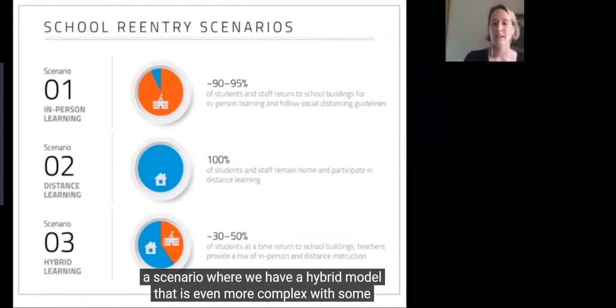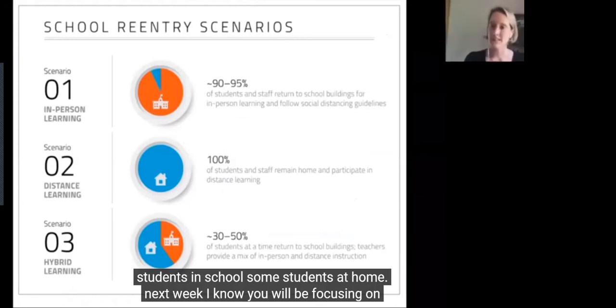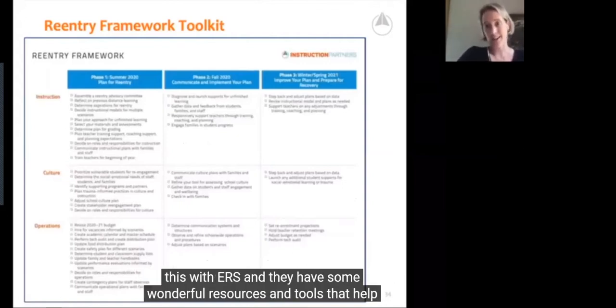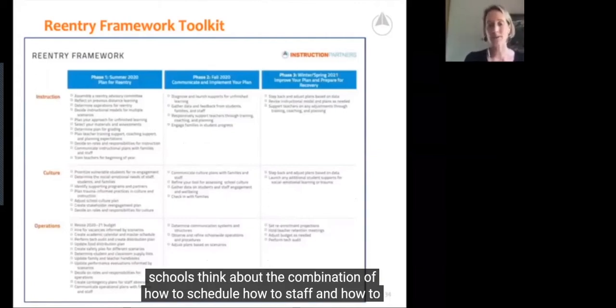And there is a scenario where we have a hybrid model that is even more complex, with some students in school, some students at home. Next week, I know you will be focusing on this with ERS, and they have some wonderful resources and tools that help schools think about the combination of how to schedule, how to staff, and how to support instruction.